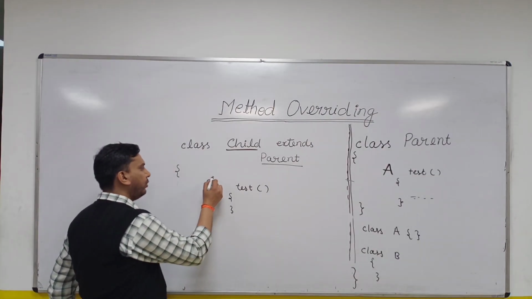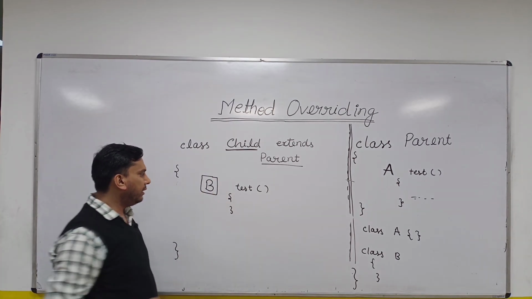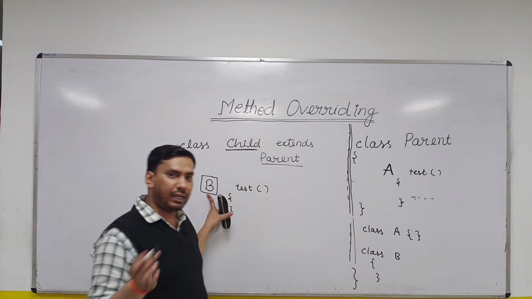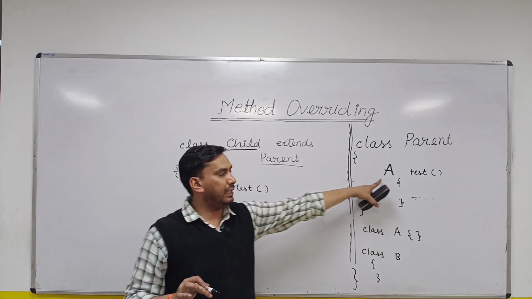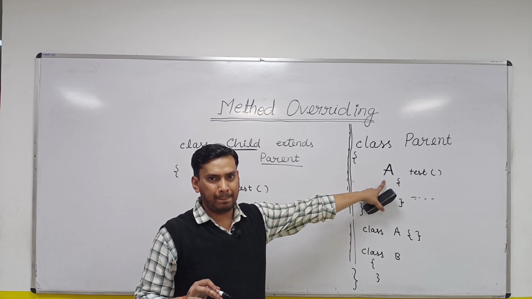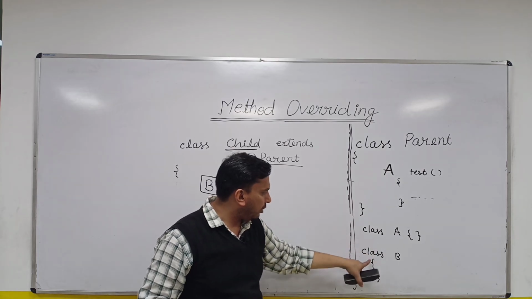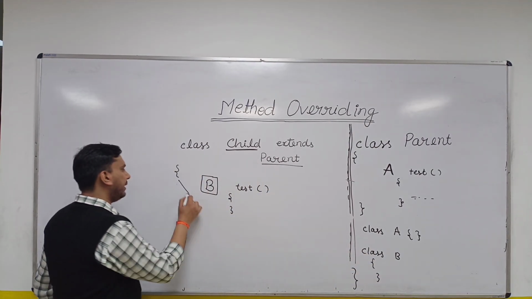This is called covariant. What can B be? Here we can use any class B which is a subclass of A. If it is a normal class B, this will be a compilation error.